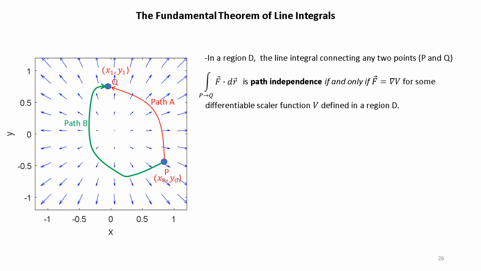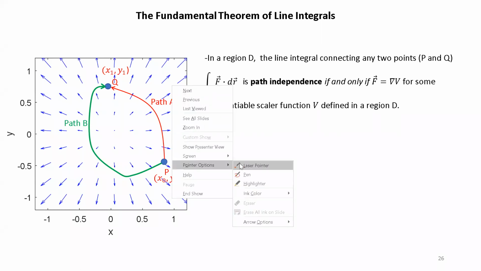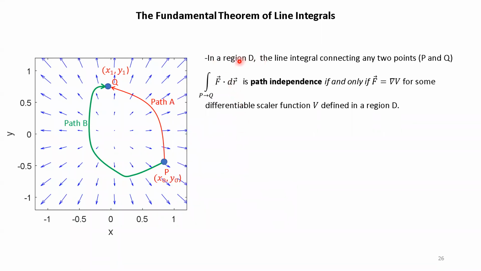So here comes the so-called fundamental theorem of line integrals. I will make the statement first, and then I will show you a proof. What it says is: consider a region D. In this case, I mean the entire region in this square, let's say.